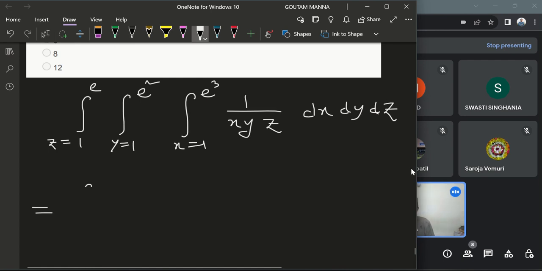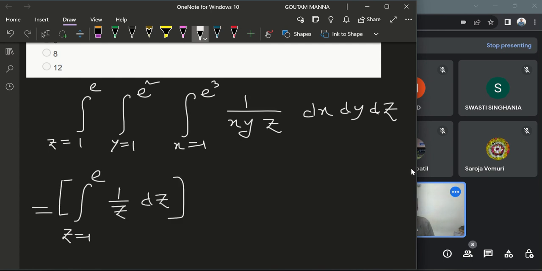So basically I can do z equals 1 to e, 1 by z dz separately. I can do y equals 1 to e square, 1 by y dy, because here also I can separate 1 by x, 1 by y, 1 by z.